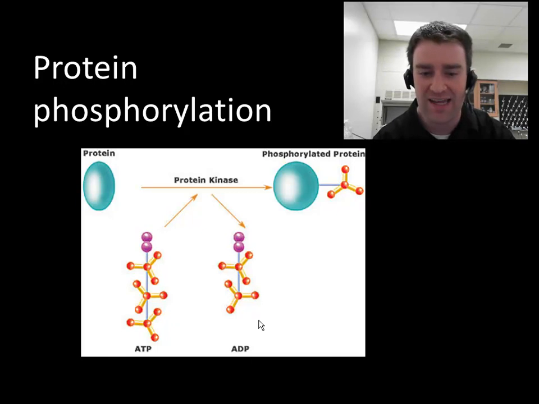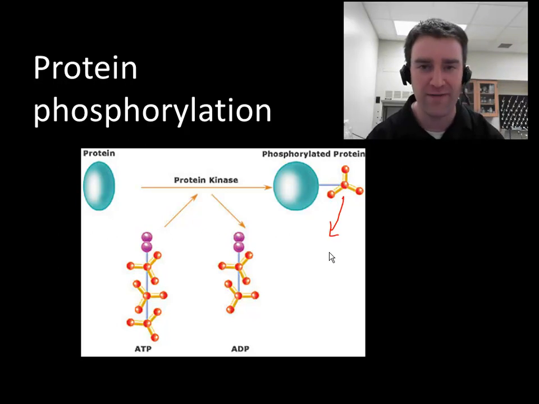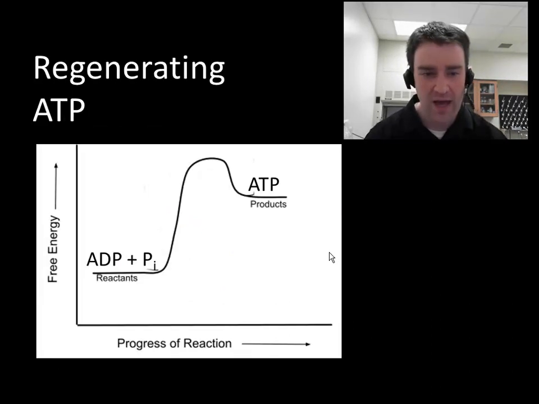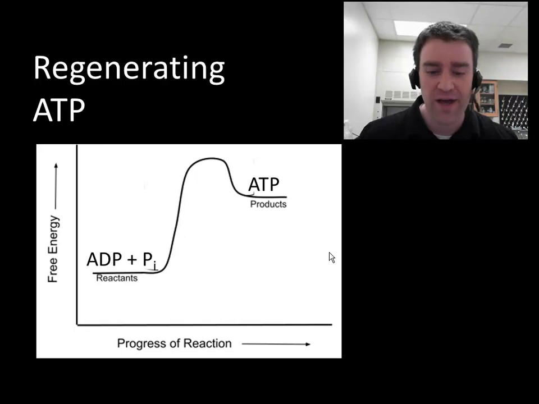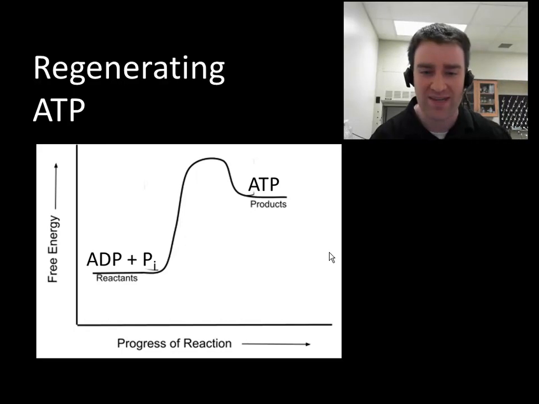We now get ADP, and as soon as the protein does something, if it executes that job, the phosphate will then fall off. So if we want the protein to do that job again, it's going to need another phosphate from another ATP. Okay? So if the phosphate falls off when the protein uses it, is there any way of going back to ATP?